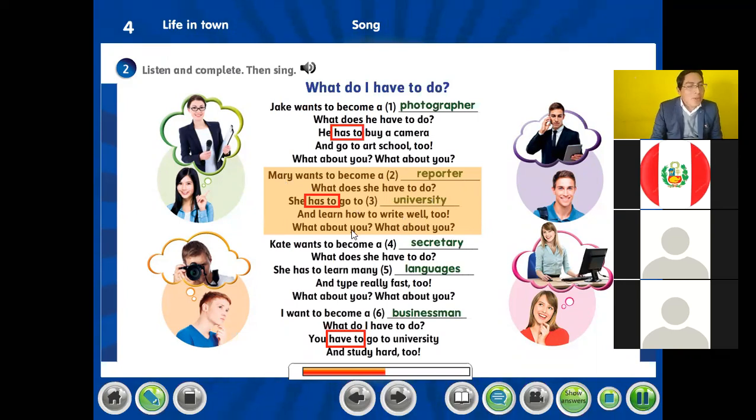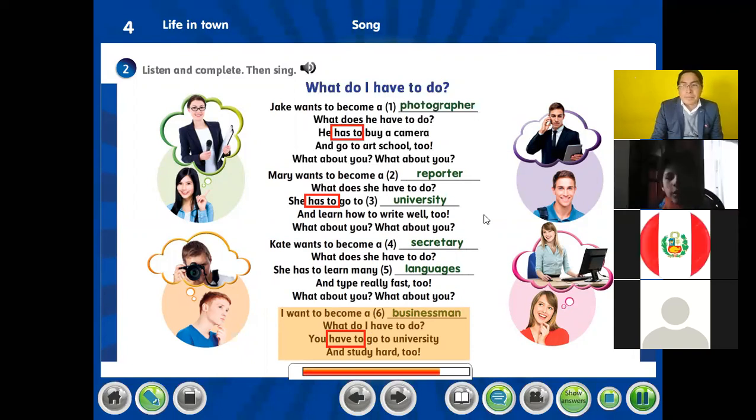Do. What about you? What about you? He wants to become a secretary. what she has to Do. learning many languages I really want to do. What about you? What about What you? What? about you? He wants to I become a want to business. become a business. What I have to do? To University. and study Just hard oh, to. what What about about you? you? What about What about you?